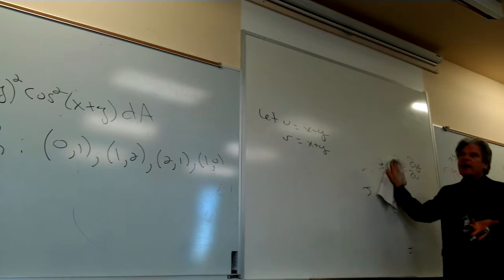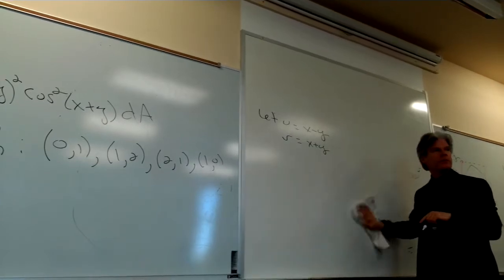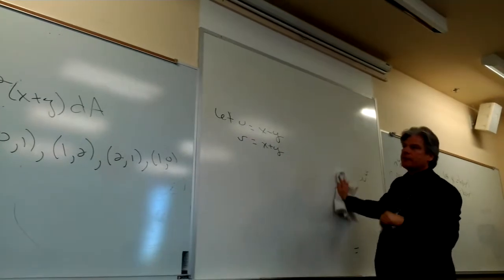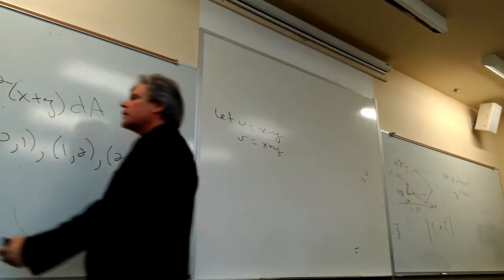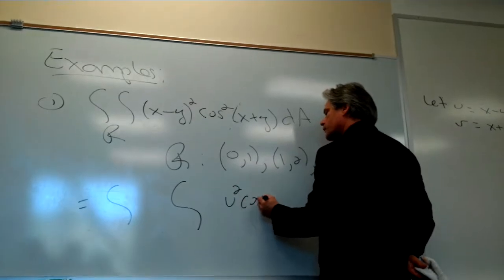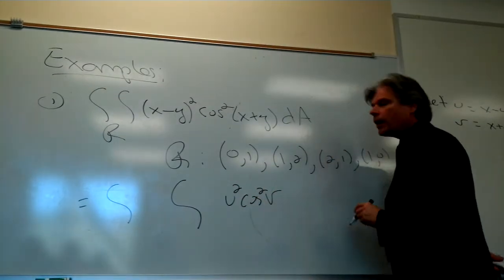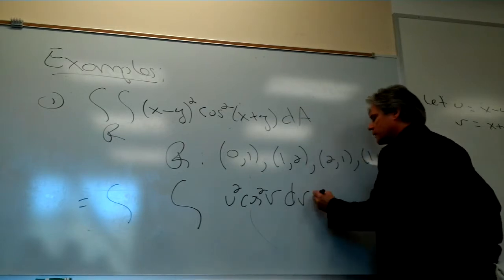What I want to do is change my integrand to look like an integral involving this. Actually it's a piece of cake, isn't it? The integral immediately becomes the integral of u squared and then cosine squared of v, and I'm going to integrate with respect to u and v. I don't know which one first. I'll make that decision later.